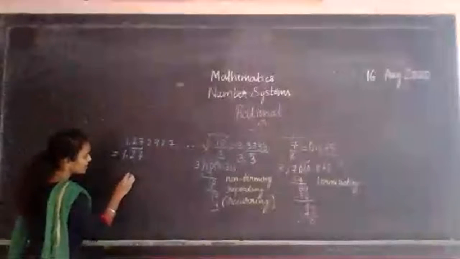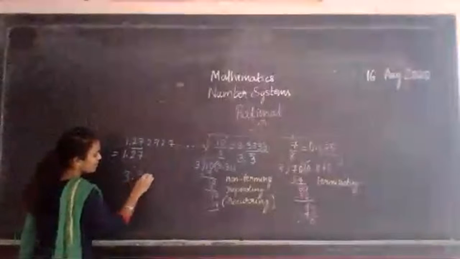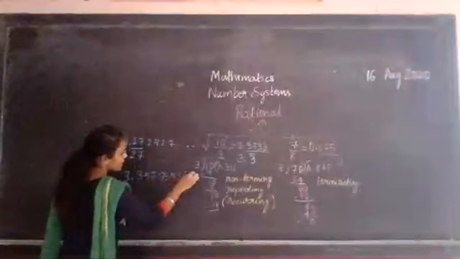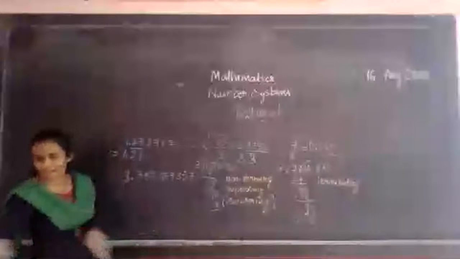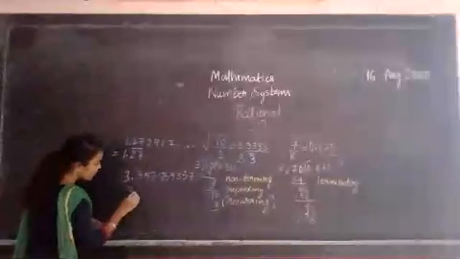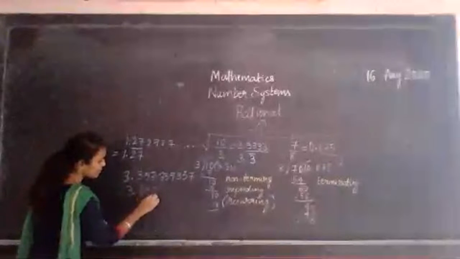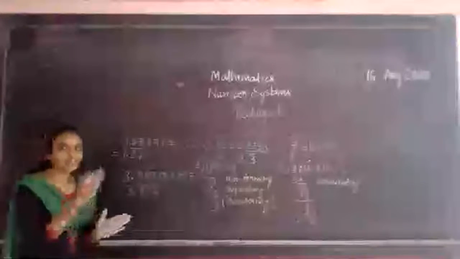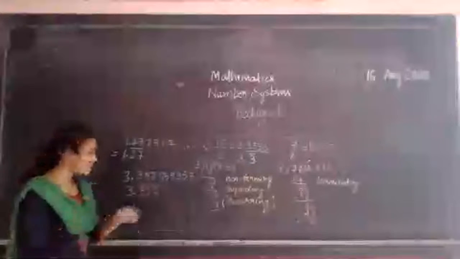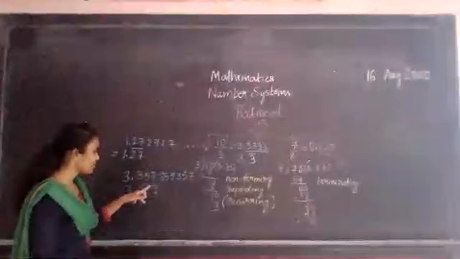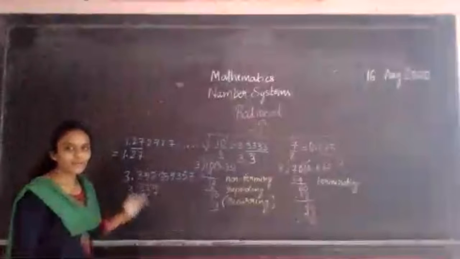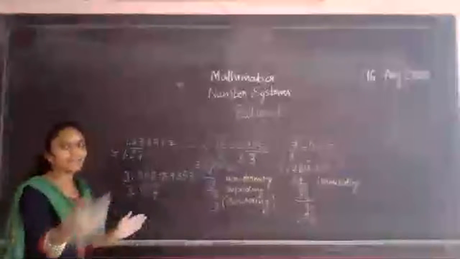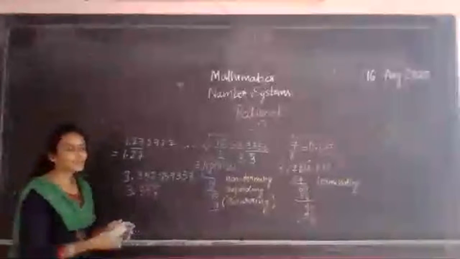If I have 3 digits recurring, like 3.357, 357, 357, if this keeps on repeating, then I can write it as 3.357 with a bar. Whichever digits are repeating n number of times can be written under the bar. Understood?